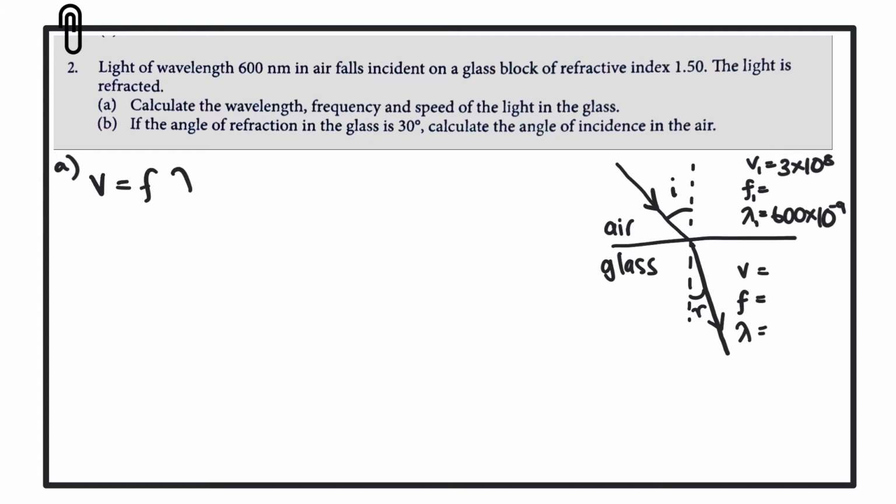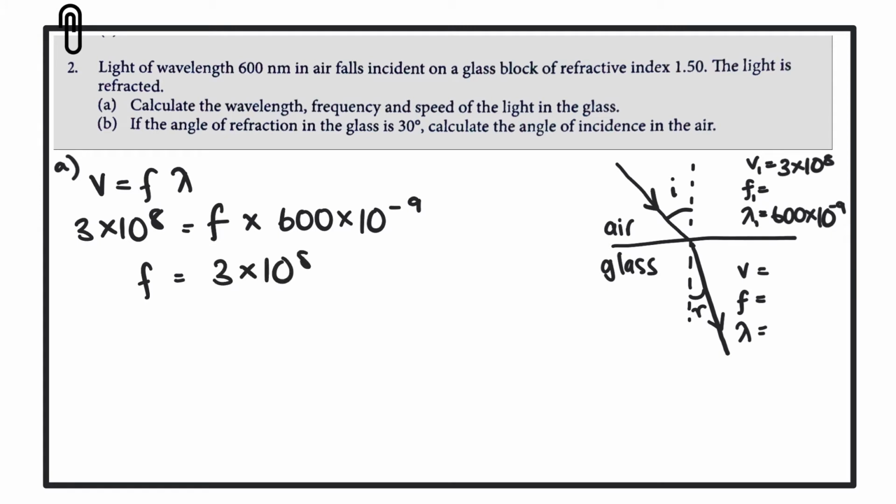If we substitute in our values, we have 3 by 10 to the power of 8 is equal to F multiplied by 600 nanometers, so that's by 10 to the minus 9. So our frequency is 3 by 10 to the 8 divided by 600 by 10 to the minus 9, which is 5 by 10 to the 14 hertz. So the frequency in air is 5 by 10 to the power of 14 hertz.